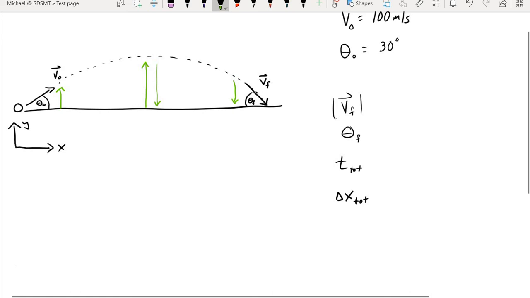So it's really not going to matter whether we let up or down be the positive y direction, because something somewhere within the system is going to have to be negative eventually.